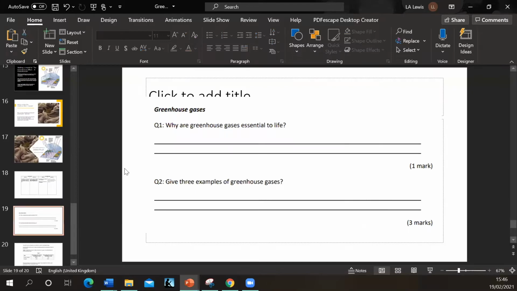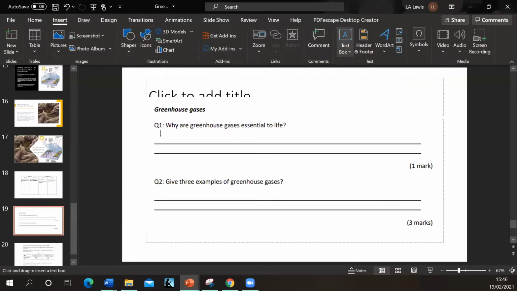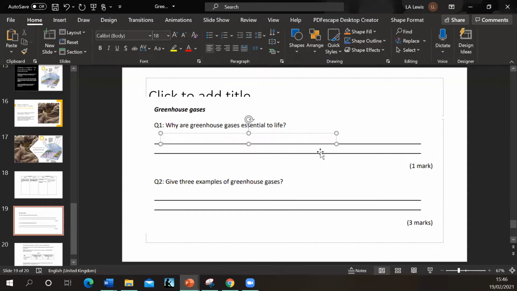Right, okay. So here's some example questions. So this is what I put in a text box. Why are greenhouse gases essential to life? Only one mark. Remember, it's not oxygen. It's not a greenhouse gas. So it's not about breathing. Greenhouse gases keep the earth warm enough.